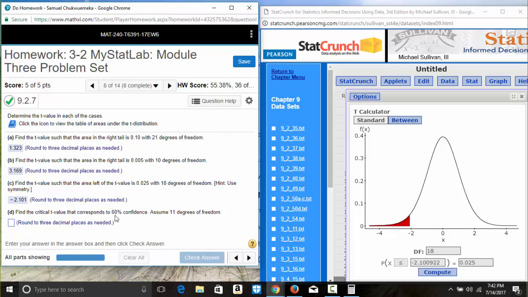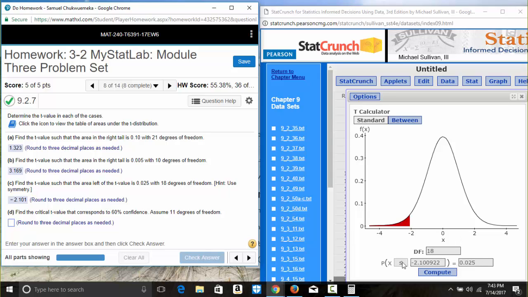Now, for confidence level, StatCrunch doesn't have confidence level immediately, but what you could do is take 60% confidence, and this is a critical T value, so it's in the right tail. Usually when you have critical T values, they're always in the right tail, for a one-tail test anyway. So 60% confidence means 1 minus 60% is 40%. 40% divided by 2 is 20%, and 20% is 0.2.